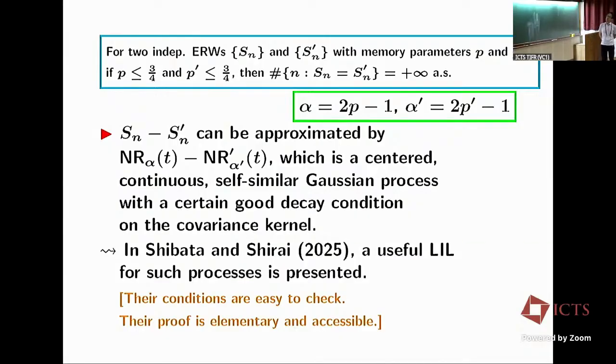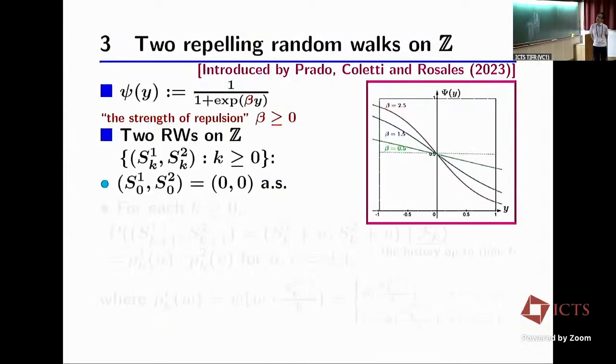Finally, we reached the model in our title, the repelling random walks. In their model, they use this kind of exponential function, and this parameter is called the strength of repulsion. I put a picture here, of two random walks.